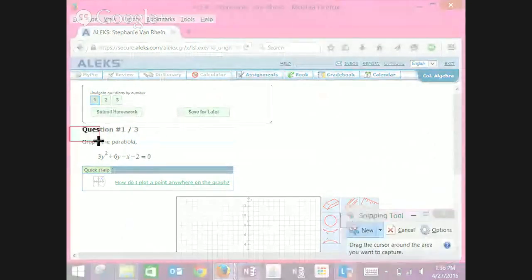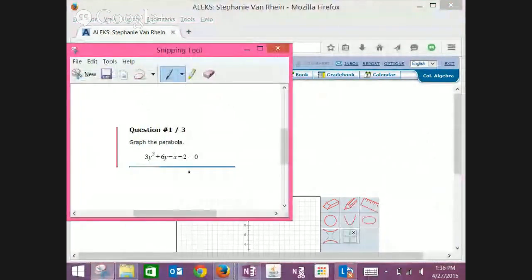So graph the parabola. So the first thing we're going to have to do is complete the square. Is it going to open up or down? Y equals x squared opens up or down, right? What? So is it open? So it's a parabola, so it opens left or right.